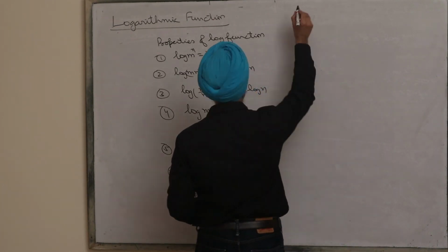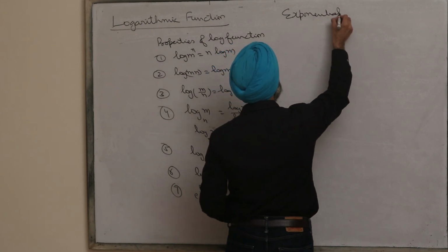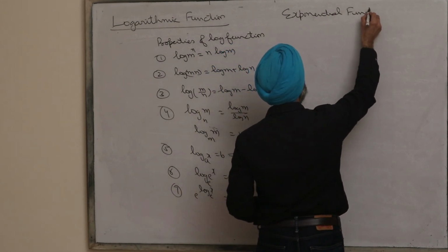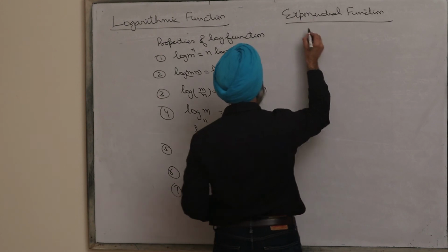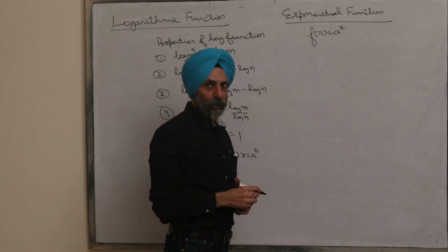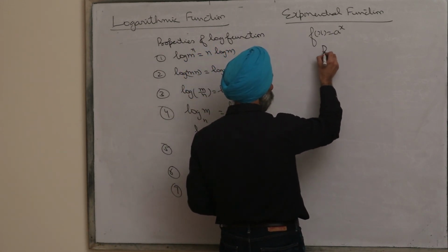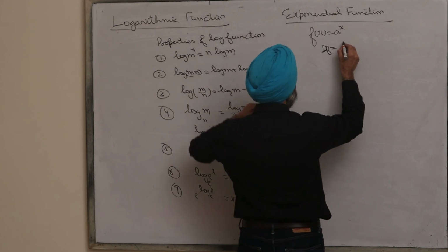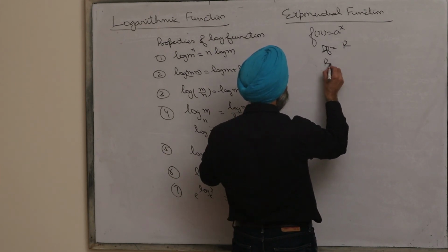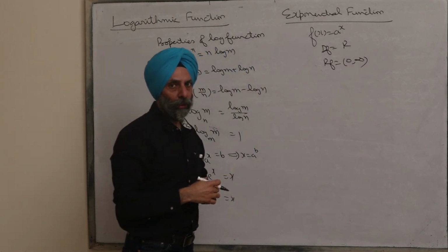Now next is your exponential function. f(x) is equal to a raised to the power x is called the exponential function. Now domain of this function is whole of the real line, but range of this function is open interval 0 to infinity.